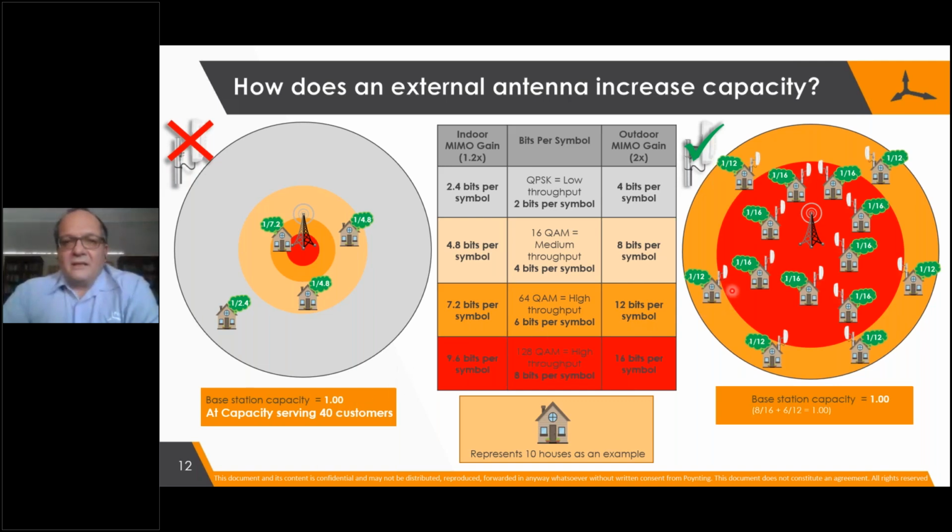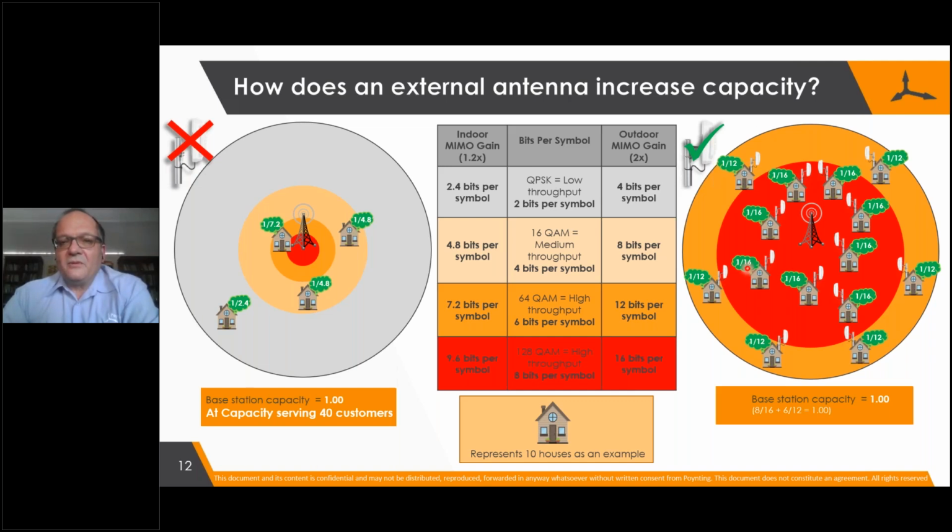Now we do the same here, and each time, by the way, I just take this number here, and wherever the house is, if it sits in orange, it's 1/12. In this case, the same was done, because now I can get 12 bits per symbol to this guy, 16 to these guys in the red. So they would actually be getting 160 megabits per second.